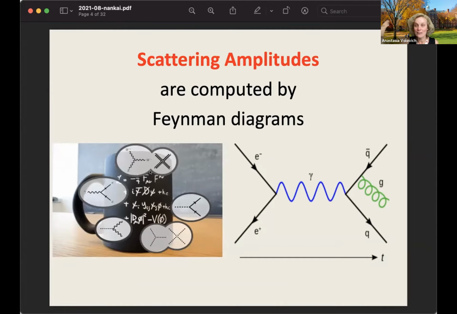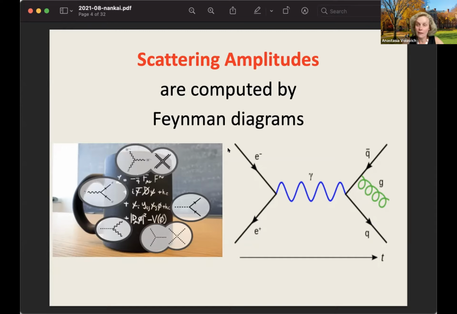You have different particles. They interact through a known set of vertices, and you know what's in, you know what's out, and you try to connect in and out via possible diagrams. This is an example of an electron positron going to a quark, antiquark and a gluon. So 5-point amplitudes.